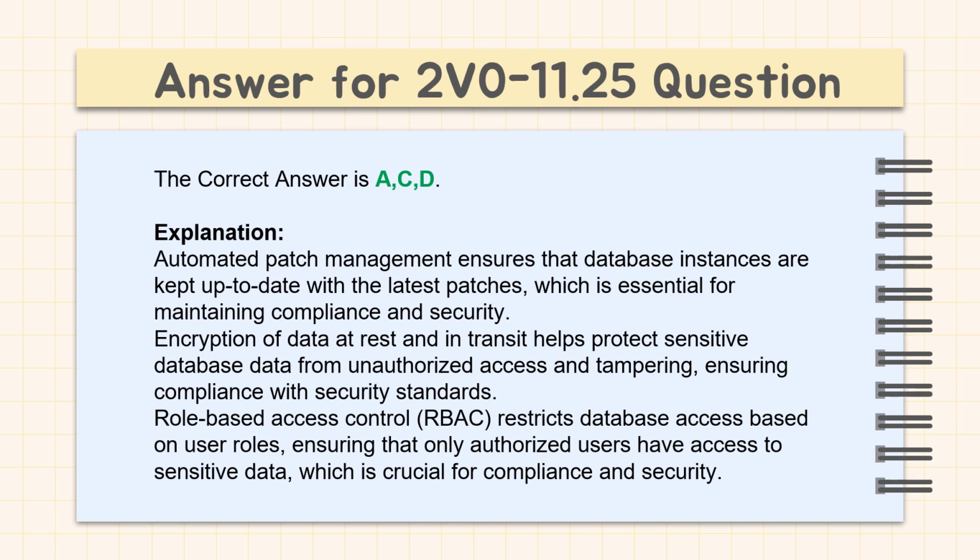Encryption of data at rest and in transit helps protect sensitive database data from unauthorized access and tampering, ensuring compliance with security standards. Role-based access control, RBAC, restricts database access based on user roles, ensuring that only authorized users have access to sensitive data, which is crucial for compliance and security.